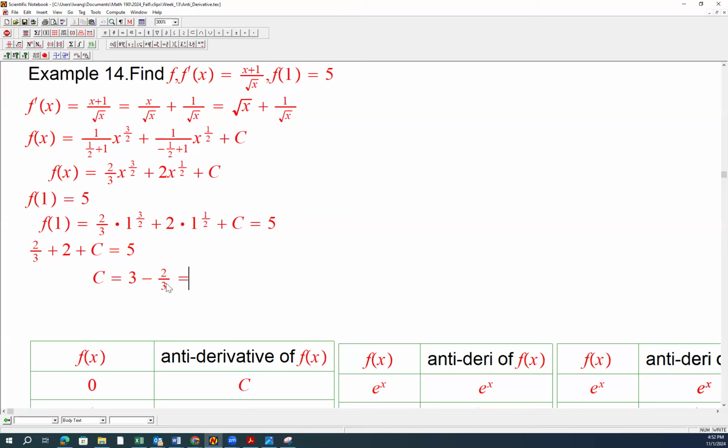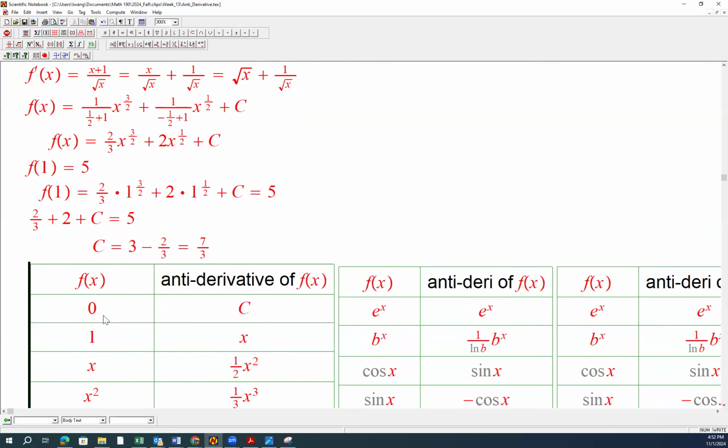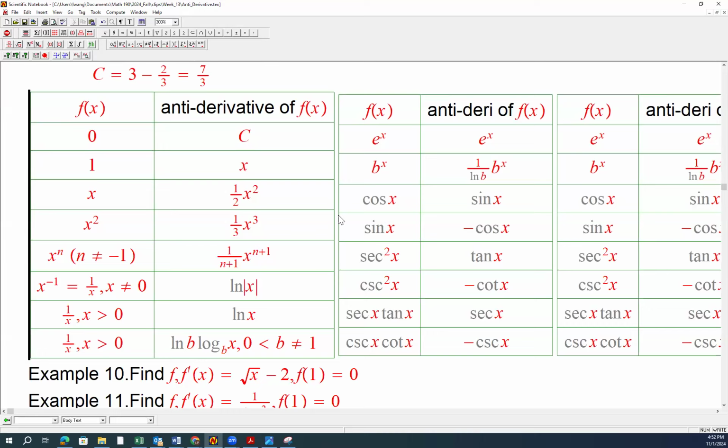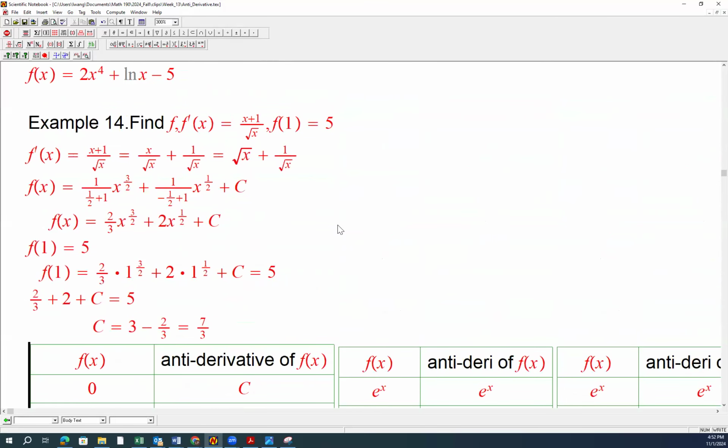Okay, and 3 is 9/3. 9/3 minus 2/3, that's 7/3. Okay, so that was number 14.